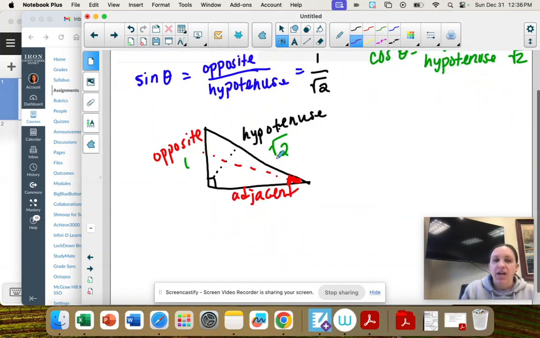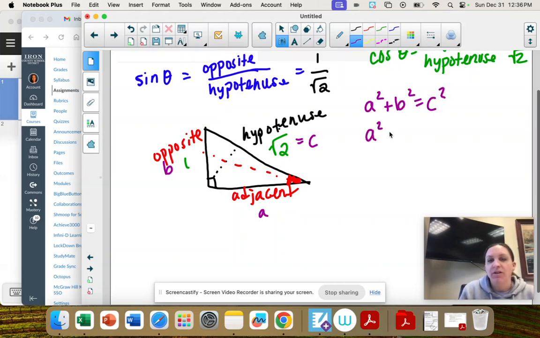So using the Pythagorean theorem, the hypotenuse is always side c, and then a and b can be any order. So we'll do a squared plus b squared equals c squared. a is what we're solving for, b is 1, and c is square root of 2.